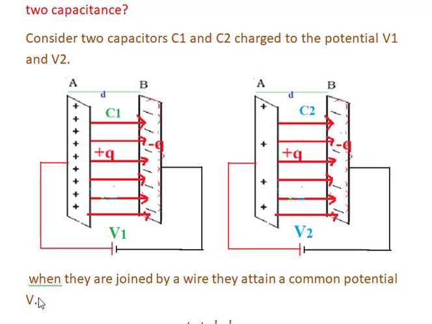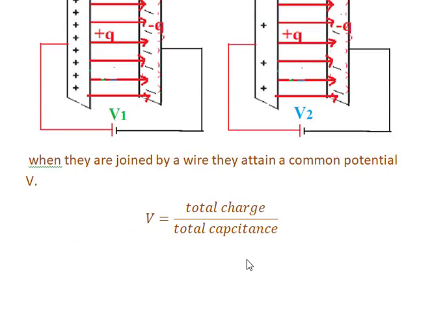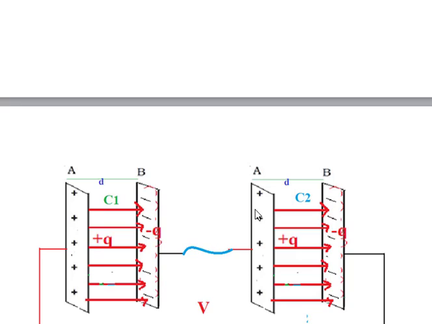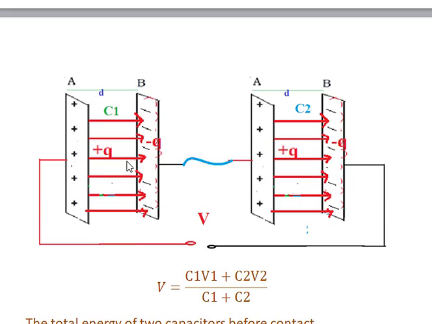It is indicated by capital V. So the common potential V is equal to total charge divided by total capacitance. These two capacitors are joined by the wire, so the common potential created here is capital V. So V is equal to (C1 V1 plus C2 V2) by (C1 plus C2).